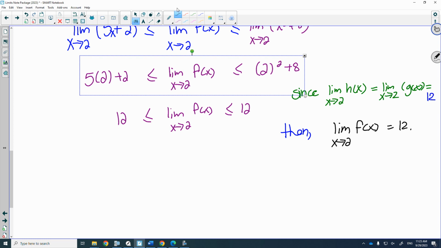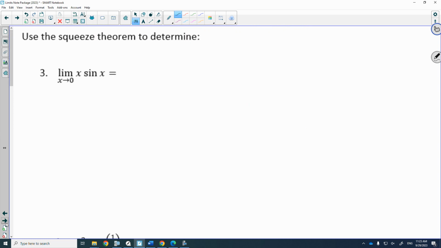Okay, let's look at what will happen with trig. So the limit as x approaches 0 of x times sine of x, and it says use the squeeze theorem to determine. So let's just draw to remind ourselves what the graph of y equals sine of x looks like.